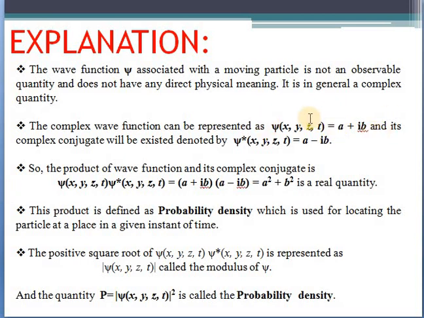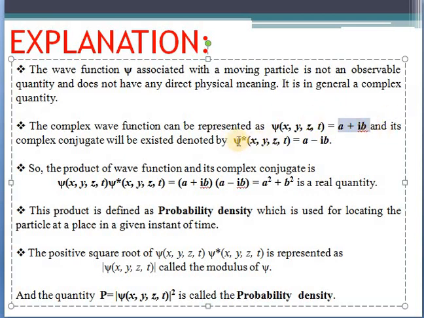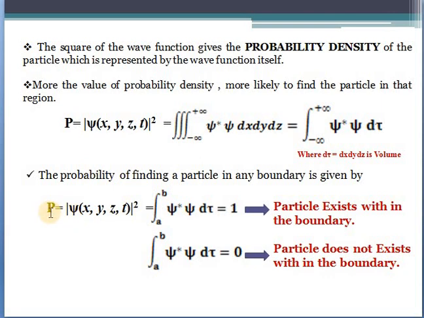If a plus ib exists, then obviously psi star, a minus ib, the complex conjugate, will also exist, so that the total product a square plus b square will exist, and you find the probability density.